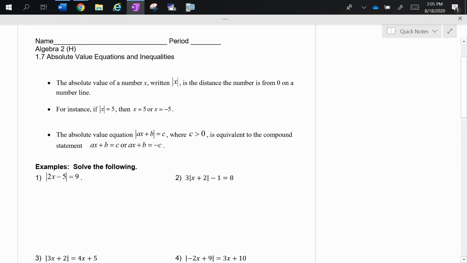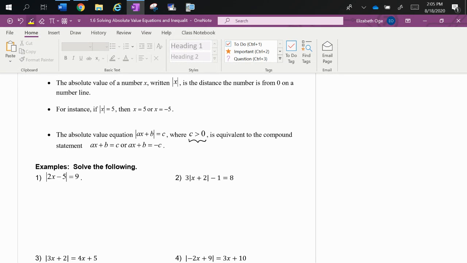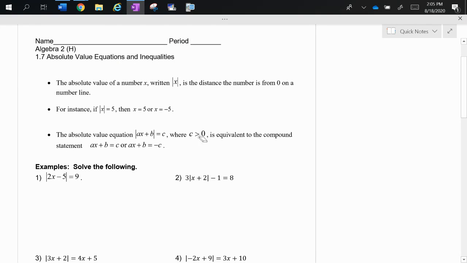The absolute value equation, the absolute value of ax plus b is equal to c, as long as c is bigger than 0. So let's make a big deal about that. C needs to be bigger than 0.